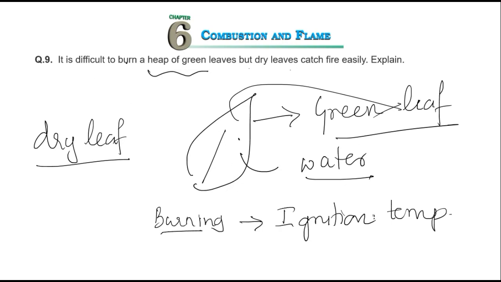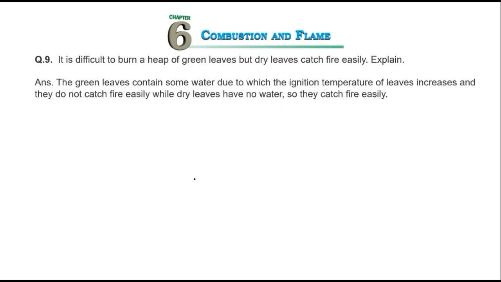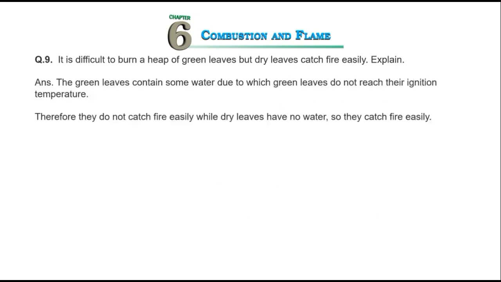So the answer can be: green leaves contain some water, due to which they do not reach their ignition temperature. Therefore they do not catch fire easily, while dry leaves have no water, so they reach their ignition temperature faster and catch fire easily.